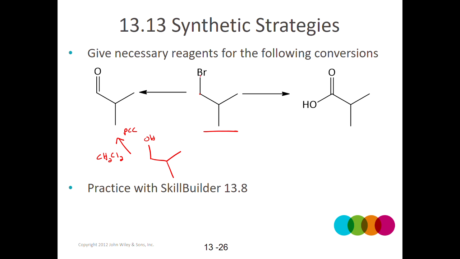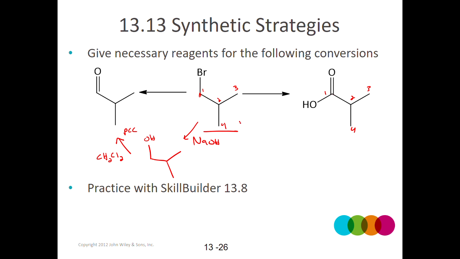So how do I make the primary bromide into the primary alcohol? I would use NaOH. The OH minus would just come in an SN2 and push the bromine out, and I would end up with an OH there. We're not changing the carbon skeleton in either one of these reactions, but what if I want to make carbon 1 into a carboxylic acid?